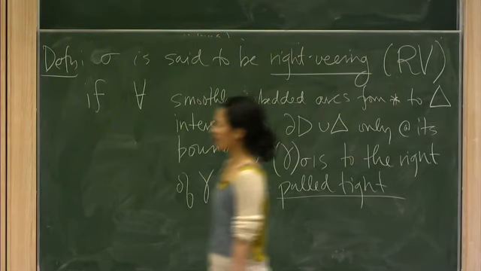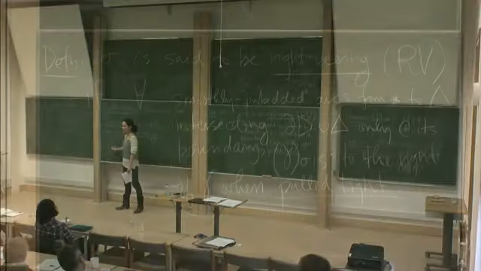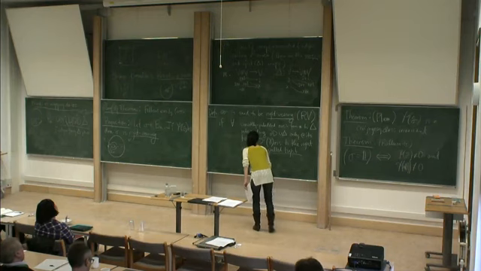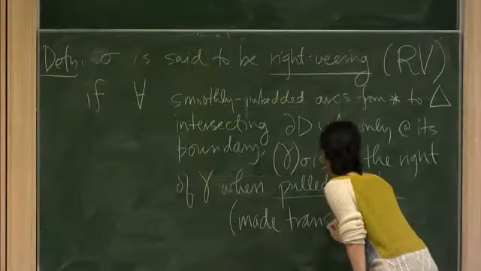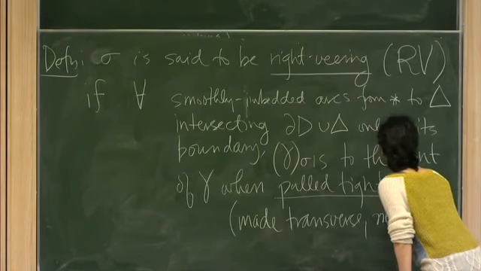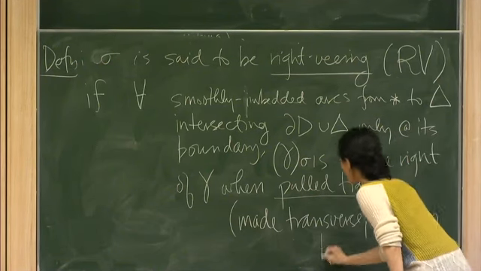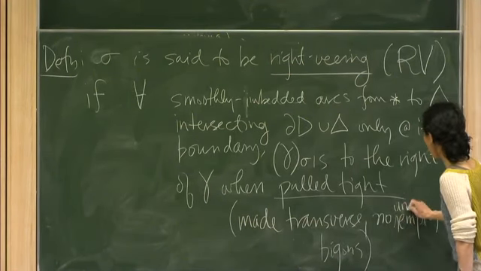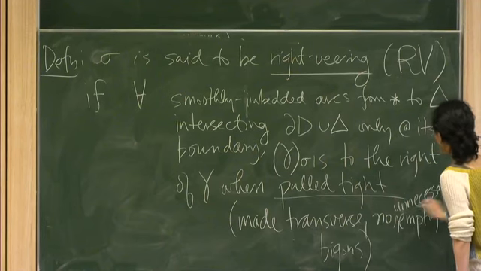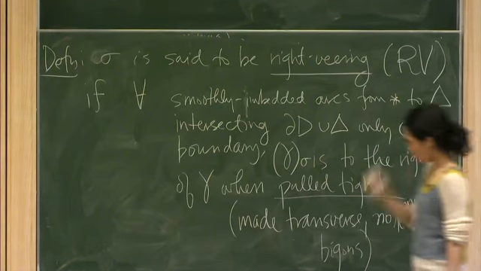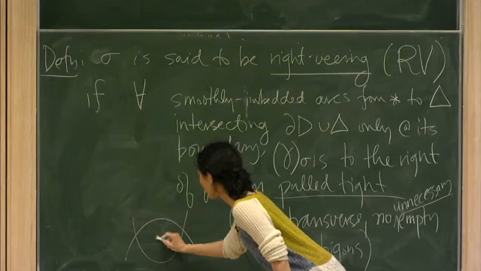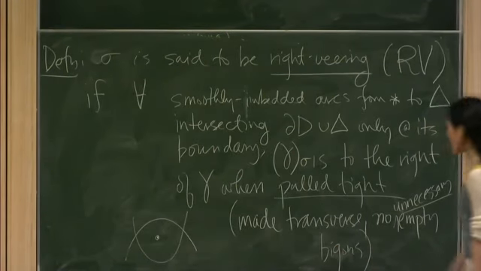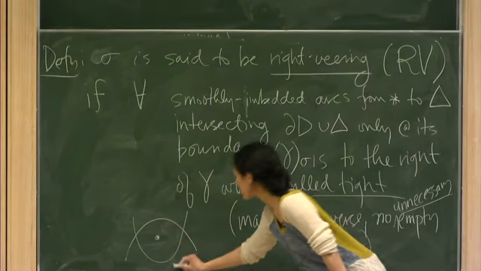What I mean by pulled tight is when they're made transverse to each other and there are no unnecessary empty bigons. This is actually important. As long as a bigon has a point on it, it is not considered empty.